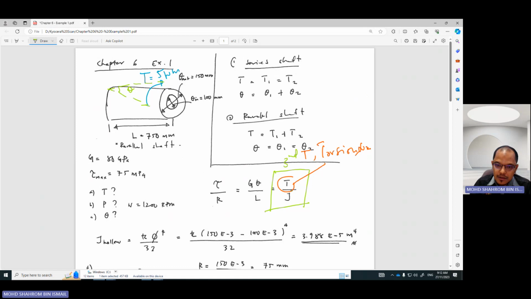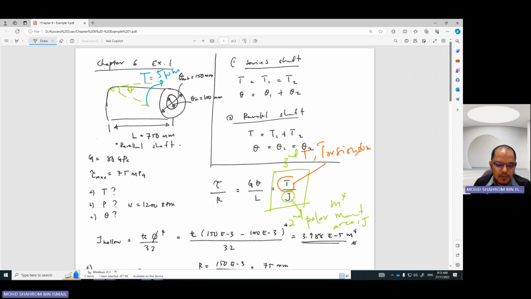And then lastly, kita pergi kepada J. Kalau J ni nama dia second polar moment of area. J. Dia punya unit adalah meter kuasa 4.